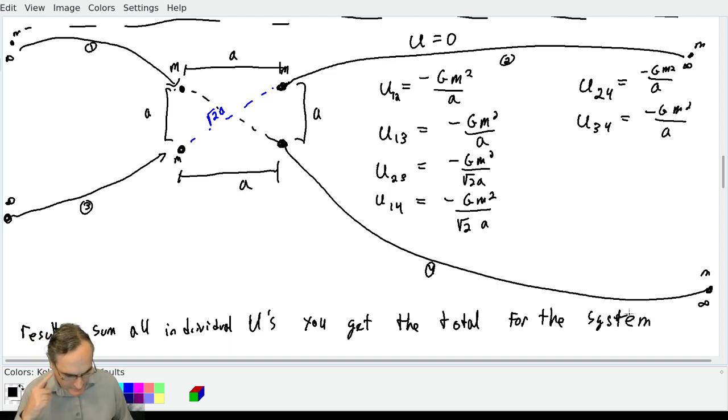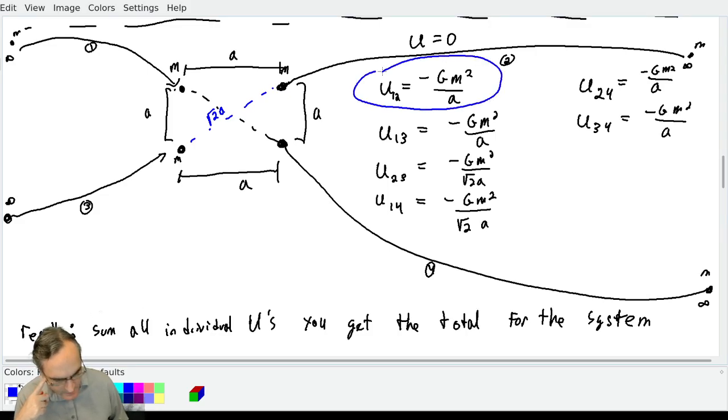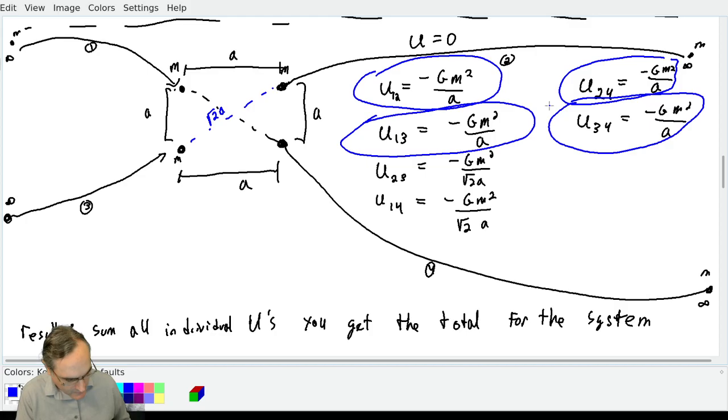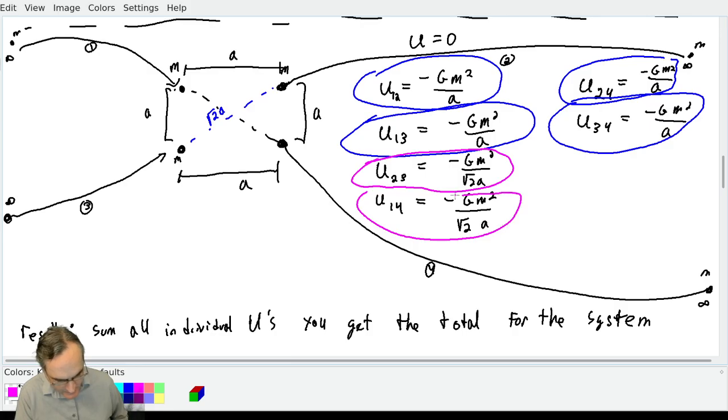Now I'm going to look at this and simplify things down. I'm going to mark ones that are the same type in blue. So this U12, U13, they are exactly the same. U24 and U34 are also the same thing. Then here in pink, we've got two types that depend on that diagonal distance.